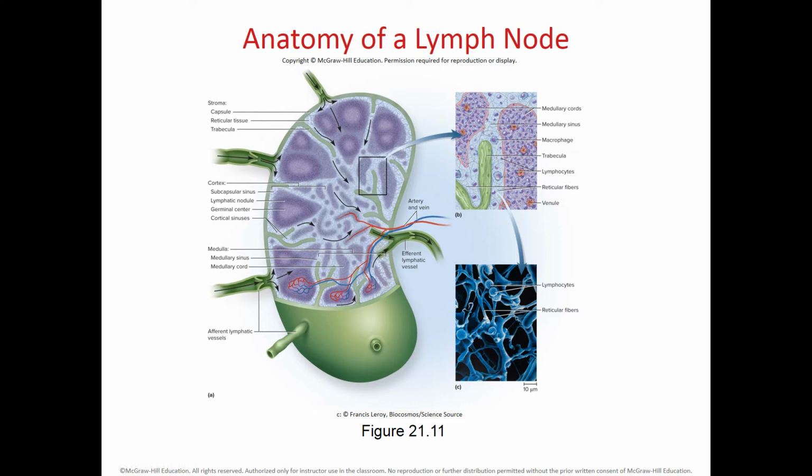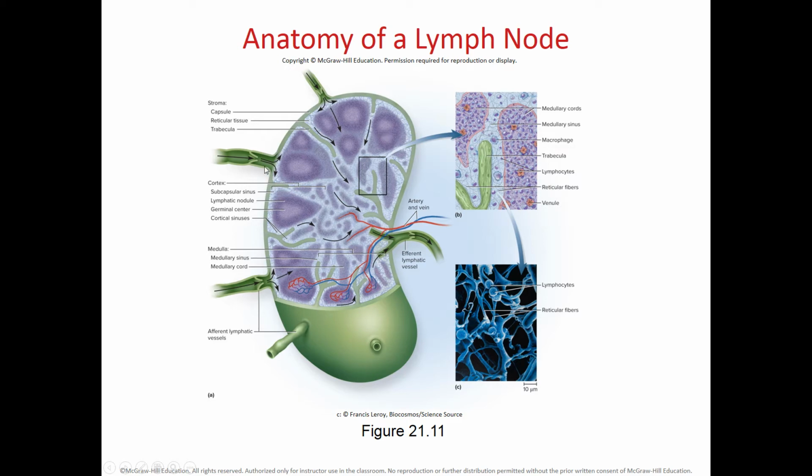Is this important? Yes. Why? Because as you are receiving a lot of lymph within this lymph node, and not as many can exit through these efferent lymphatic vessels, you give time for this lymph to be exposed to these lymphocytes that are found here within the germinal centers to find if anything is wrong.